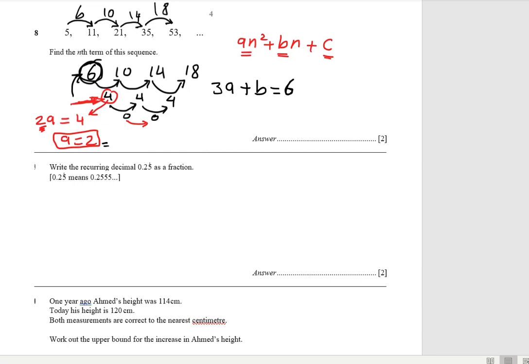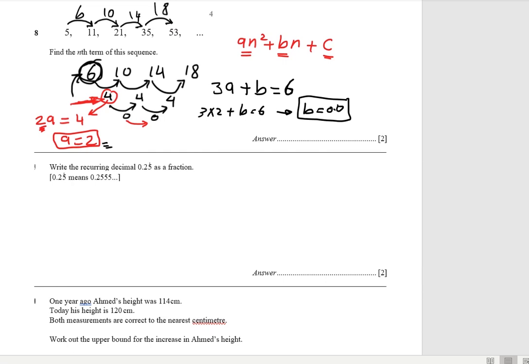A is equal to 2, so 3 multiplied by 2 plus B is equal to 6. Now from here, B is equal to 0.